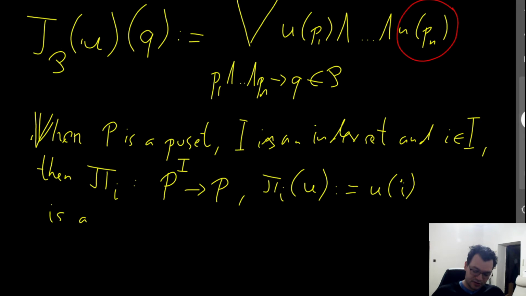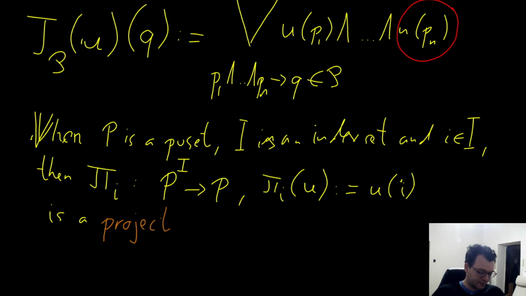I'm just using range as usual for definitions, and it is called a projection. So projections are just simply evaluating functions at a fixed point, so it's just a mapping, okay?